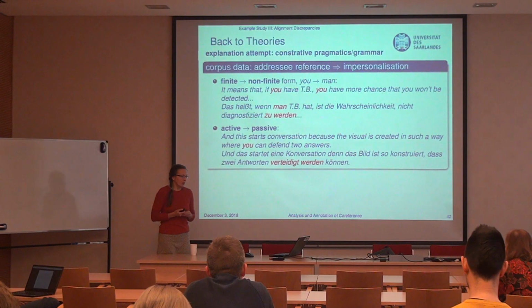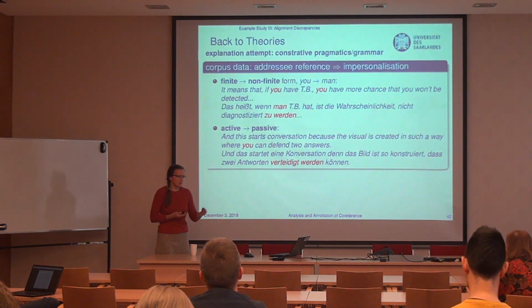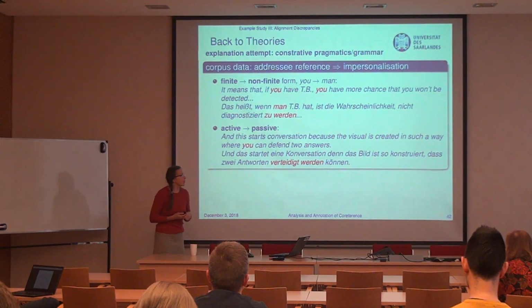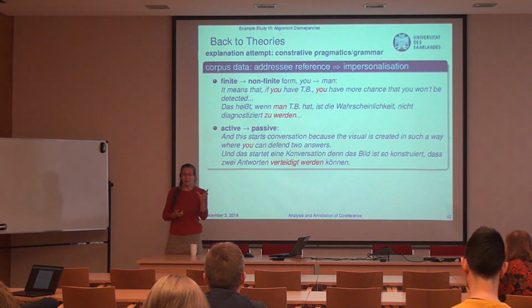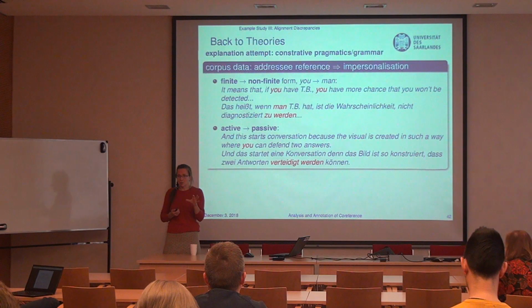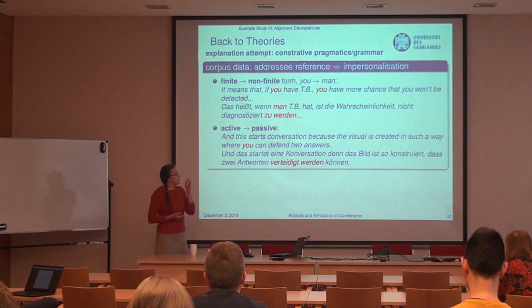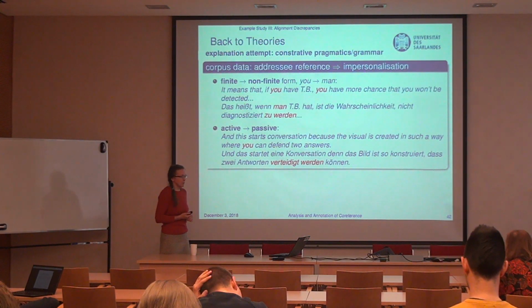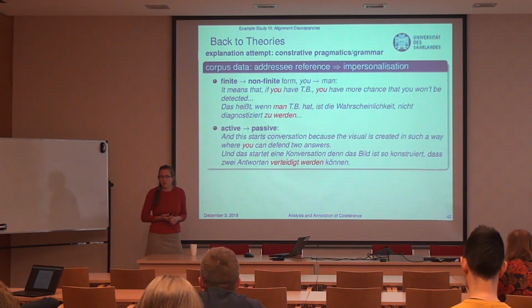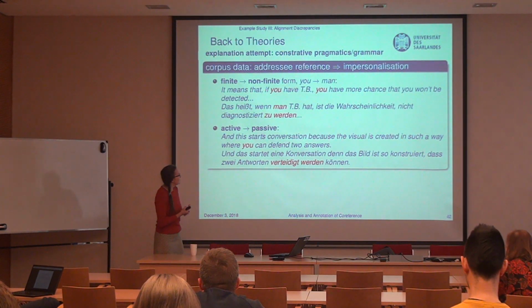Another explanation attempt is coming back to contrastive pragmatics and contrastive grammar. From the point of view of contrastive pragmatics, I mentioned there are differences between English and German culture in how to present. There are even some works, for example by Juliane House, who describes that German is more content-oriented and English is more addressee-oriented when someone is speaking.